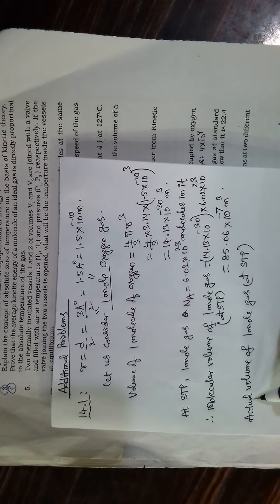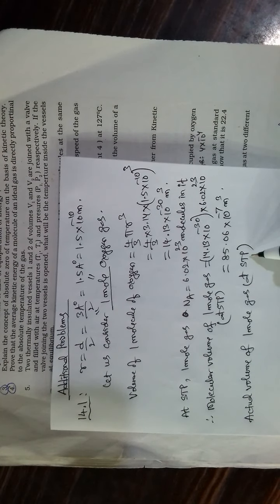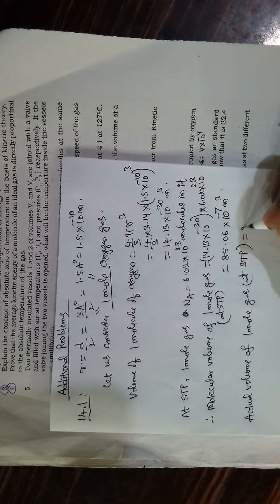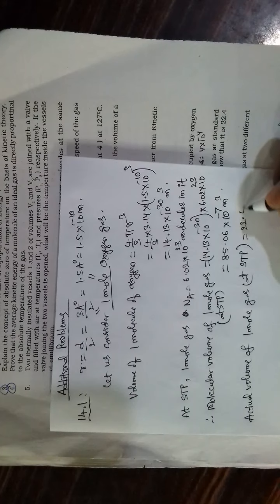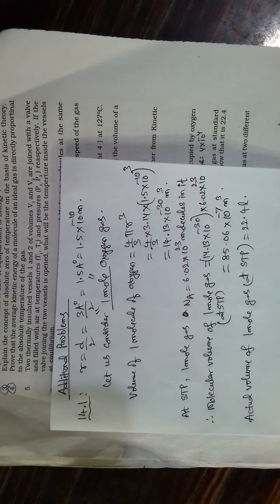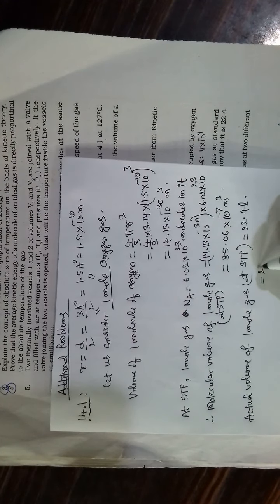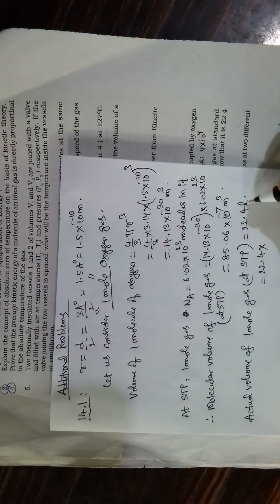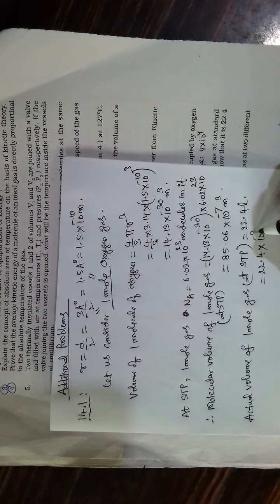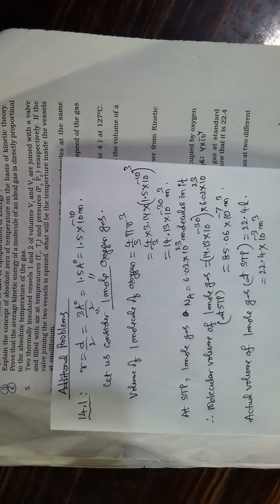Now, actual volume of 1 mole gas at STP. At STP, 1 mole gas occupies 22.4 liters of volume, or 22.4 into 1 liter is equal to 10 power minus 3 meter cube.